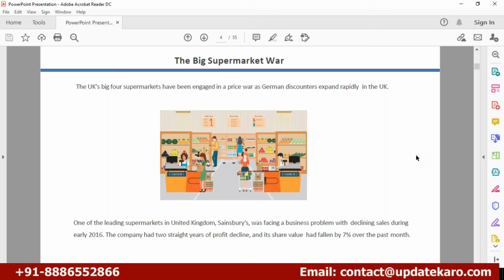What happened is like this: Sainsbury's, this is a supermarket basically in the UK. It was facing huge problems during early 2016.